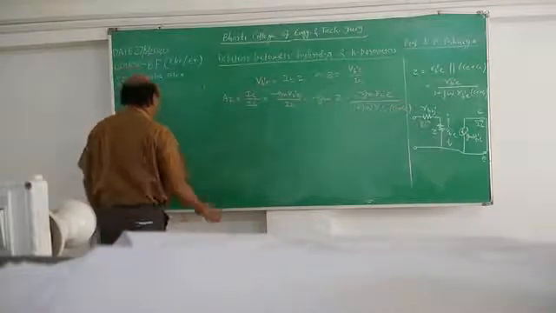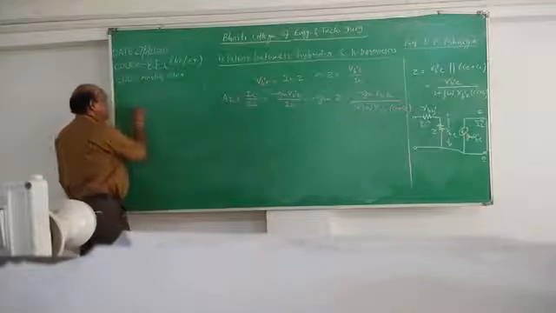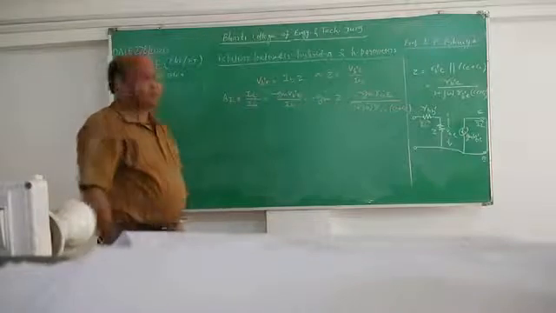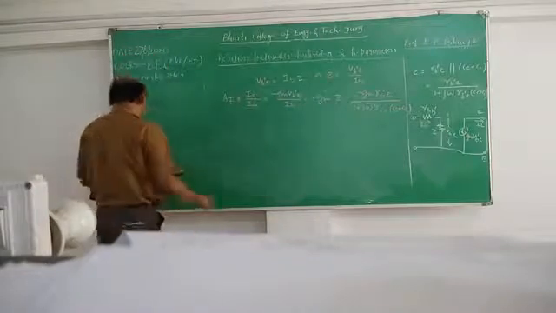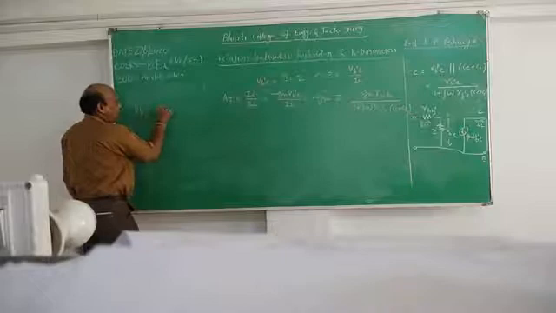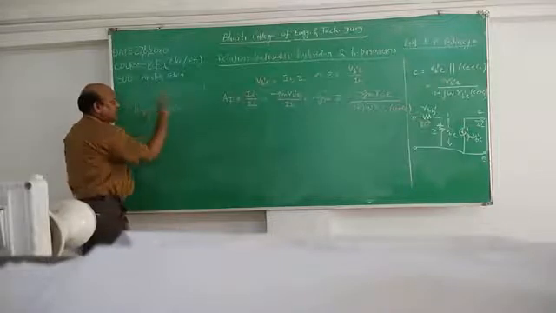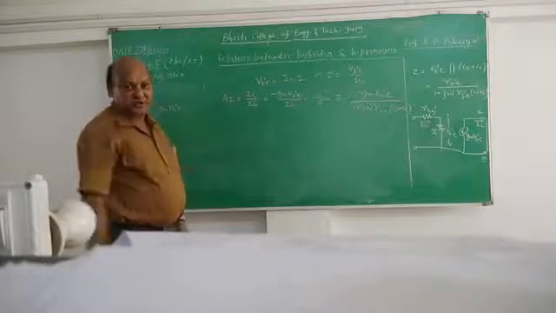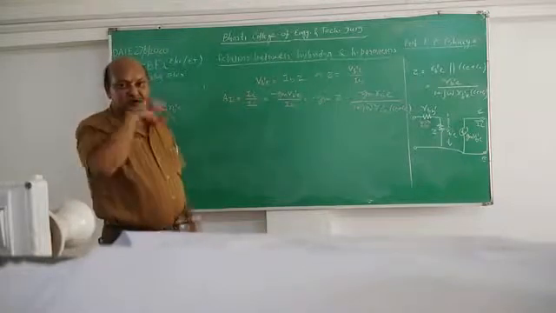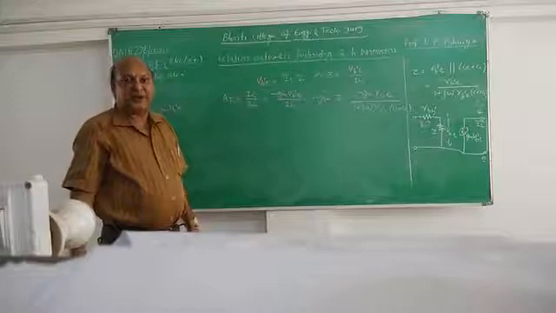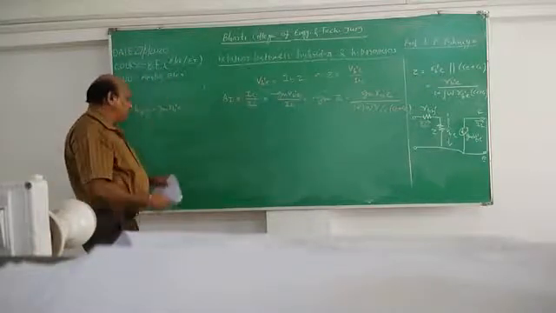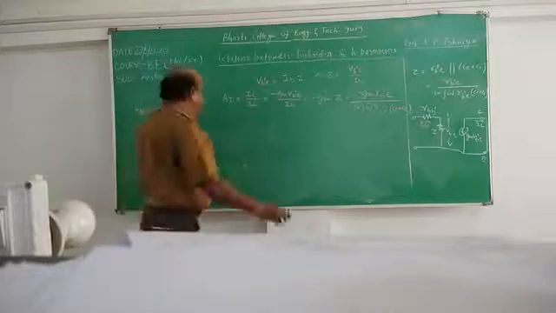And again we know the hfe. What is the relation between h parameters and the hybrid pi model? This hfe is given by minus gm into rb'e. Just before this we have seen the table, the relation between low frequency h parameters and the hybrid pi model. We have got this relation also: hfe is equal to minus gm into rb'e.